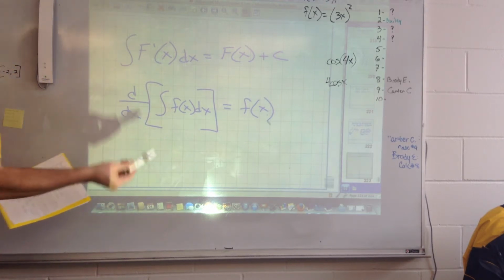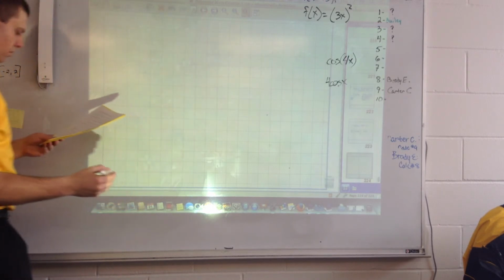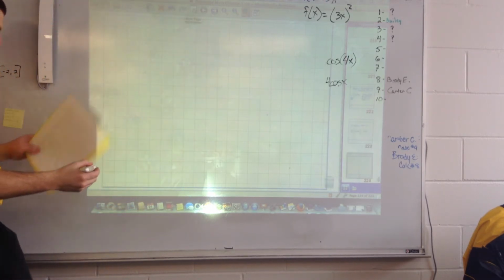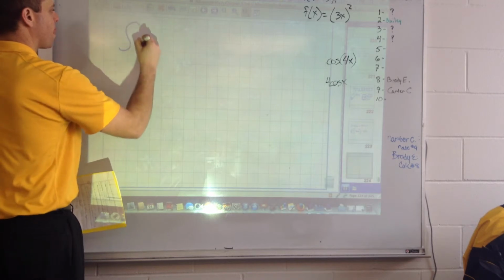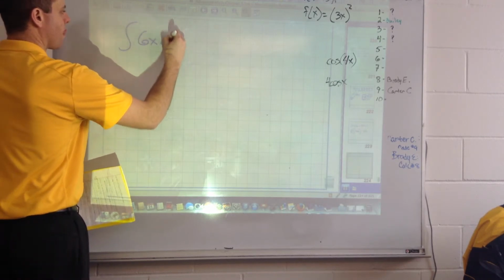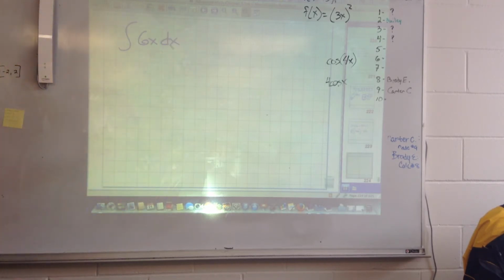So, let's see if we can do some of these. We'll do some examples together. What is the integral of 6x dx? So the antiderivative of 6x dx. 6x squared?